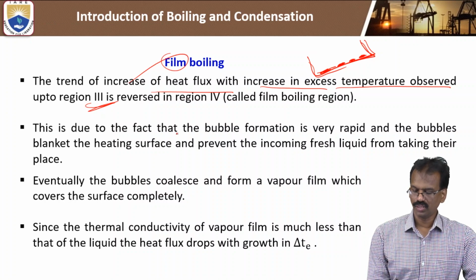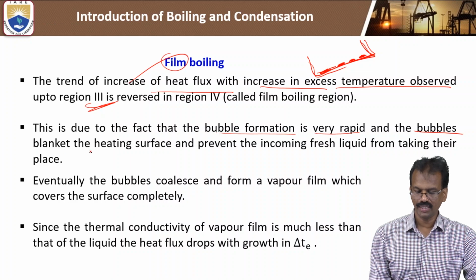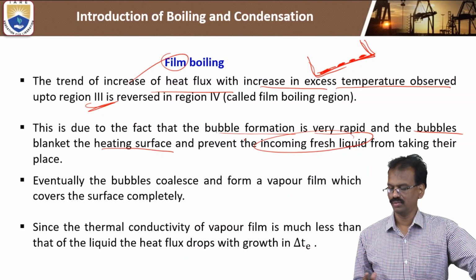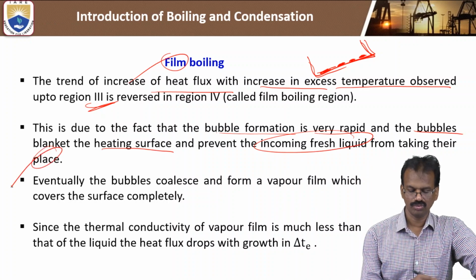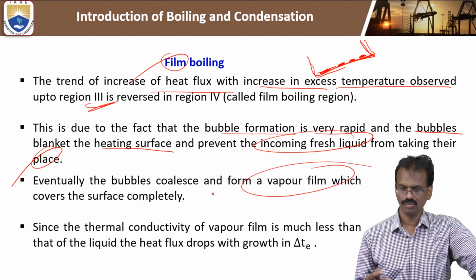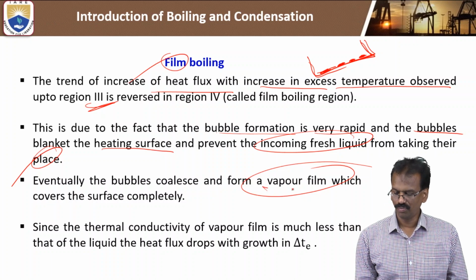This is due to the fact that bubble formation is very rapid and the bubbles blanket the heating surface and prevent the incoming fresh liquid from taking their places. Eventually the bubbles coalesce and form a vapor film. It means these bubbles are combined with each other and form the vapor film.